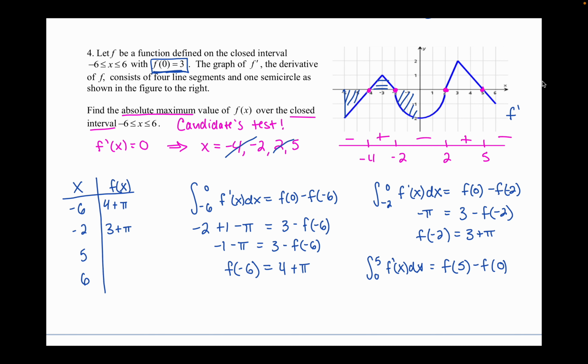From 0 to 5. Because of symmetry, I know that the semicircle is going to be -pi. And that triangle is going to be 3. F of 0 is 3. Okay. So this will end up being -pi plus 6.